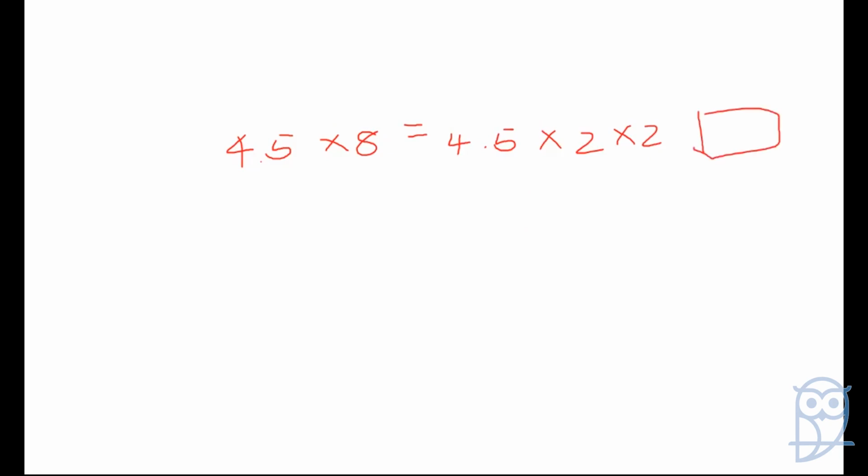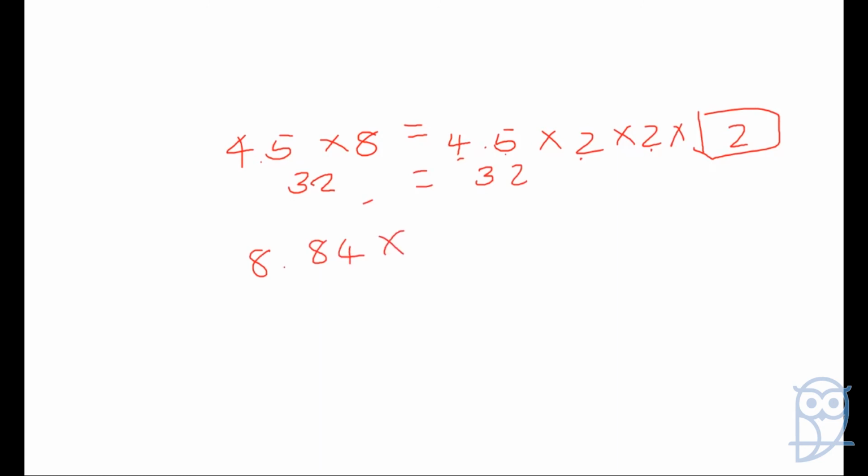Firstly, you're all sitting with your calculator, so 4.5 times 8 is going to equal 32. And here it says 4.5 times 2 times 2 and something else is going to give me 32. If you've already worked it out, you know it is times 2 again. And then we will have it equal on both sides.